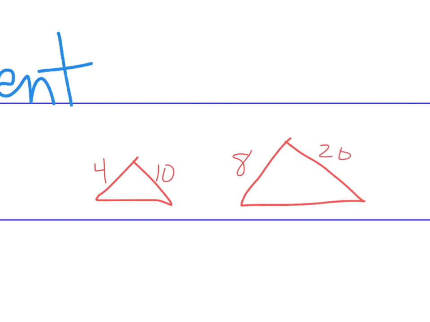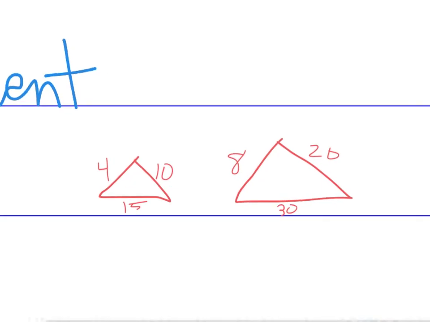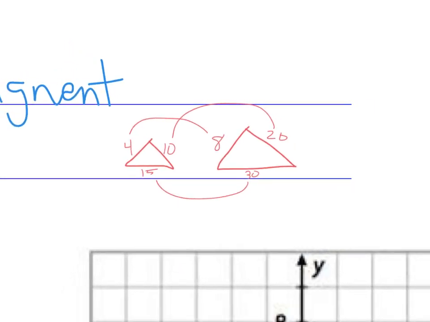And my bottom side, let's say that that's 15. The right one would be 30. So they're the same shape because my angles are the same. The angles are congruent, but the sides are not the same size. They're proportional. They have that same ratio. 4 times 2 gave me 8. 10 times 2 gave me 20. 15 times 2 gave me 30. But ultimately, they're different sizes. One is smaller than the other.